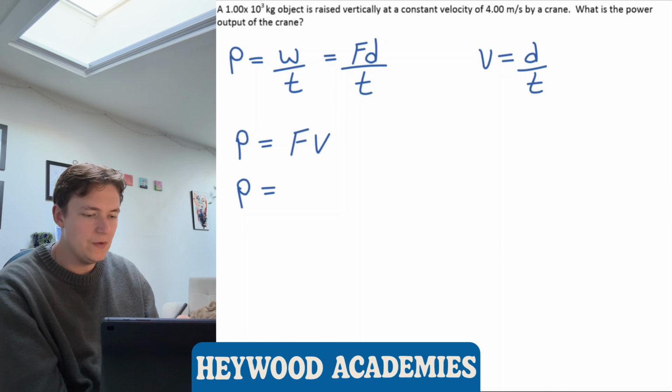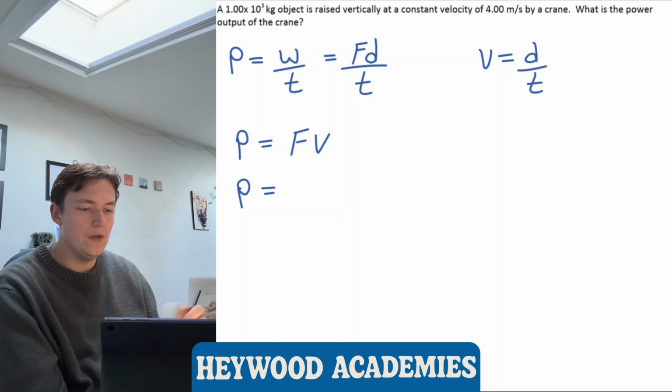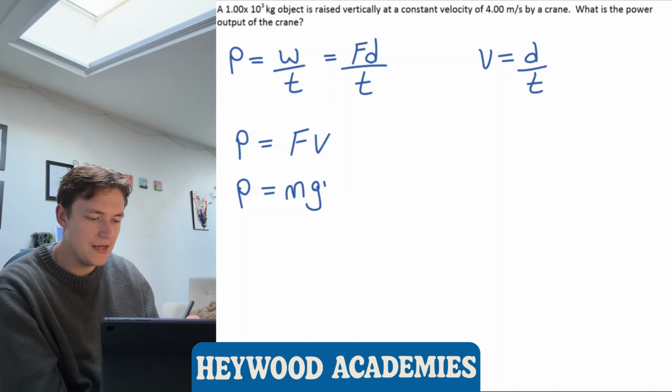So that means we can just plug in the numbers that they gave us here, except for this force is actually going to be the force due to gravity, so that's going to be mg. So one extra step. Now plug in. 1 times 10 to the 3, 9.8.